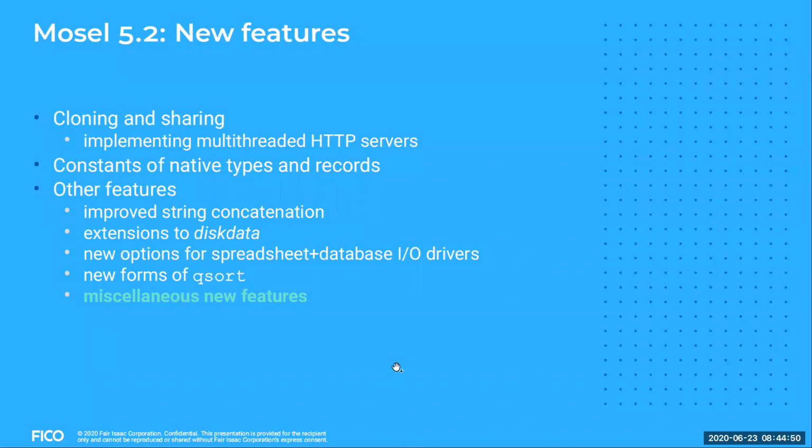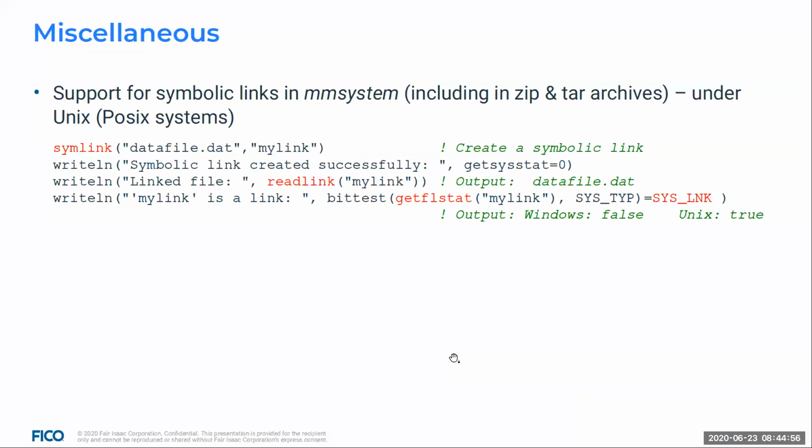Okay, so now various other new features. For users working under Unix systems, Mosel has supported symbolic links in various places already in the past. We now have functionality in System to actively create symbolic links. So here I can create a symbolic link onto a file.